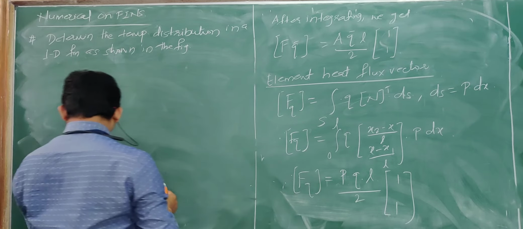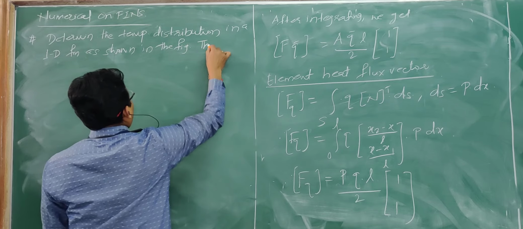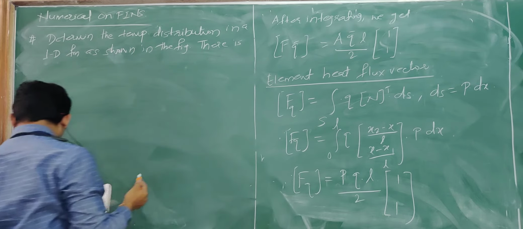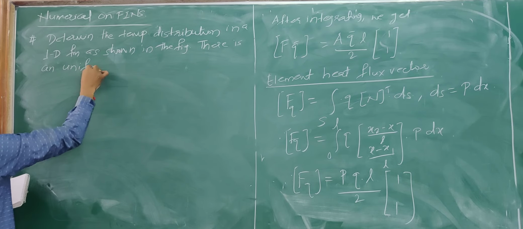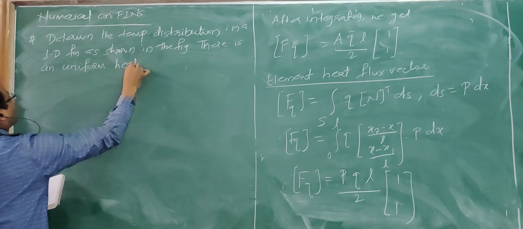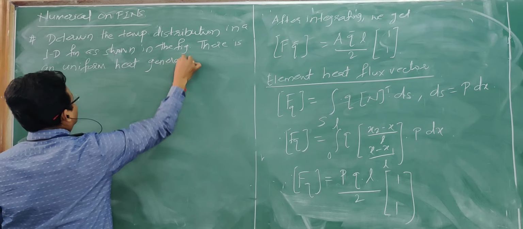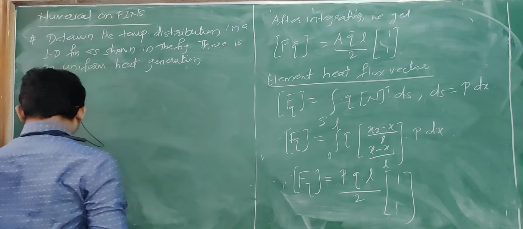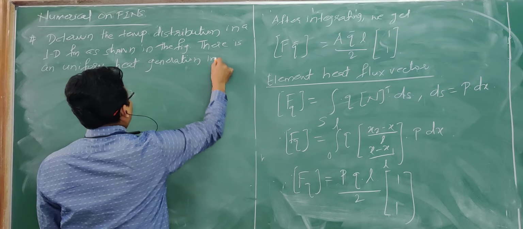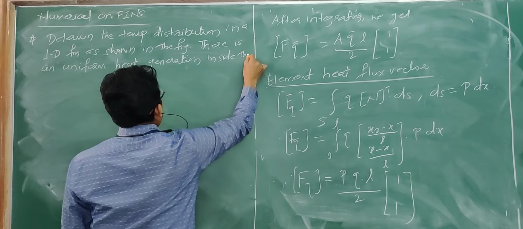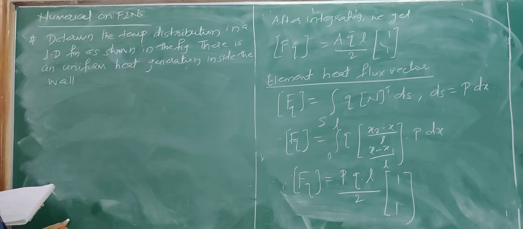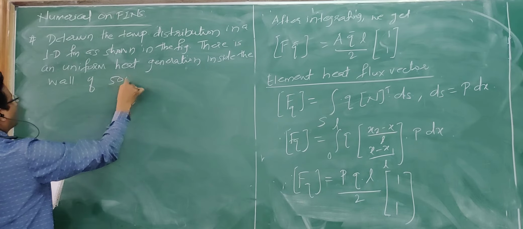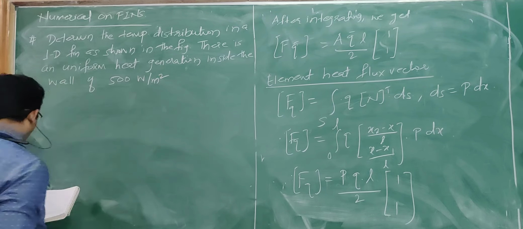There is a uniform heat generation inside the wall of 500 watt per meter square.